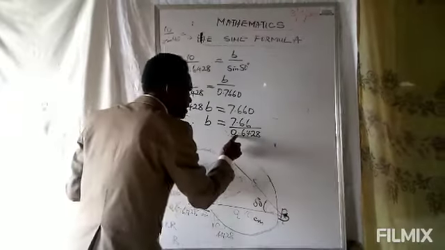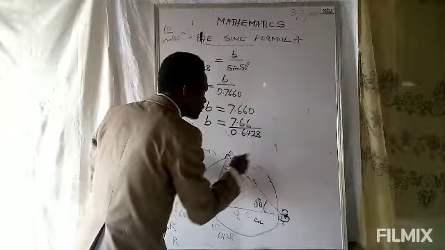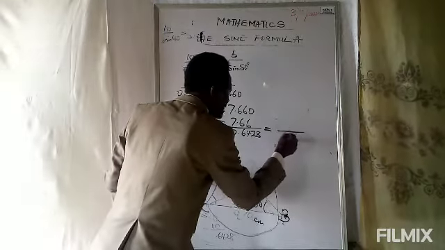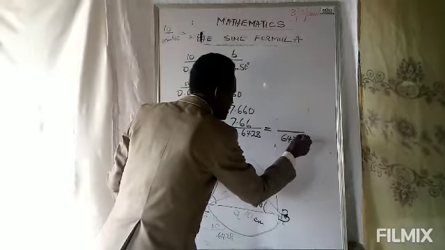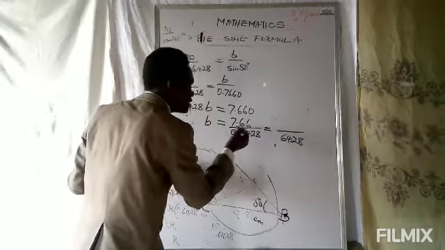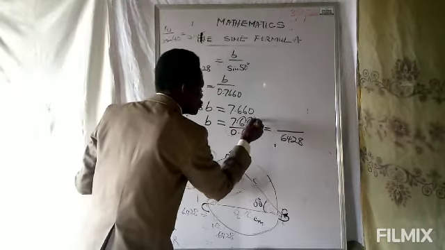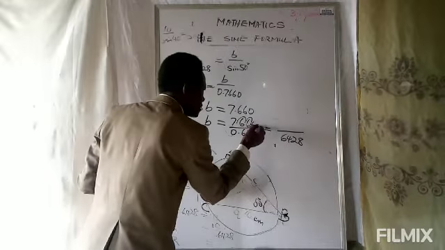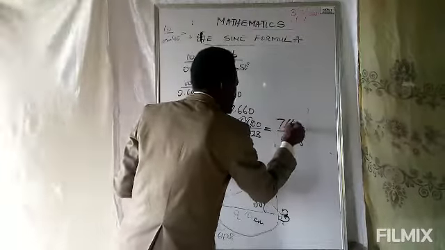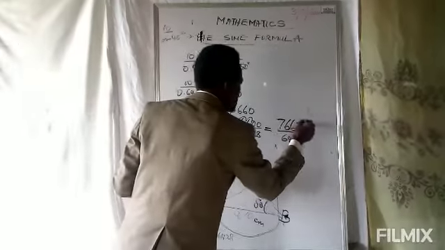So it becomes 6, 4, 2, 8. Then we also move the numerator 4 places, so we add zeros to complete it. So it becomes 7, 6, 6, 0, 0.